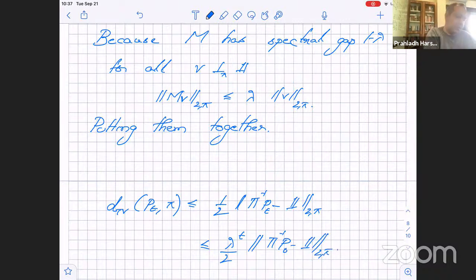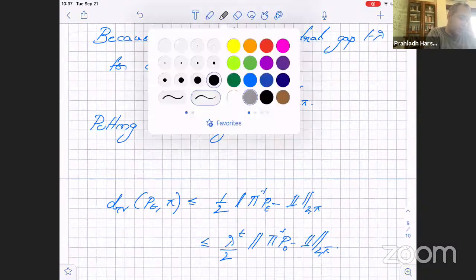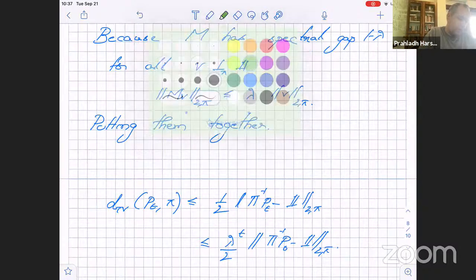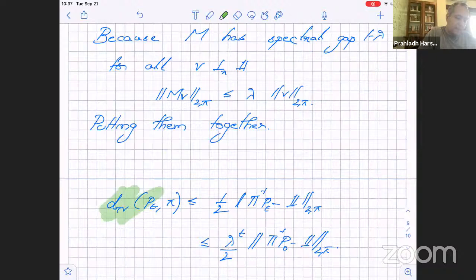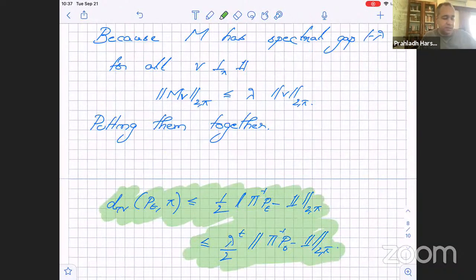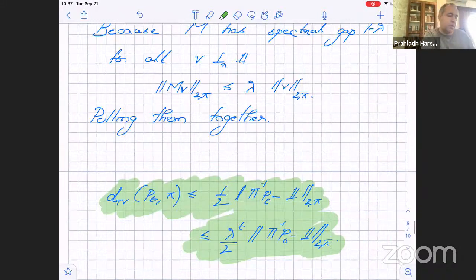And that's actually the main takeaway of this one. Let's stare at this quantity. This is the final result which we have got. The total variation distance goes this way. Now notice that lambda is a number less than 1. Therefore, as t goes larger and larger, this is exponentially shrinking.